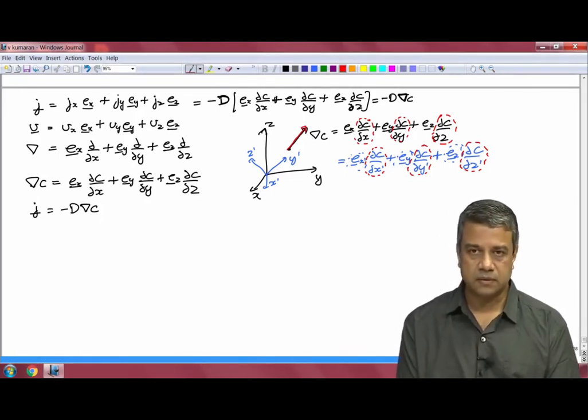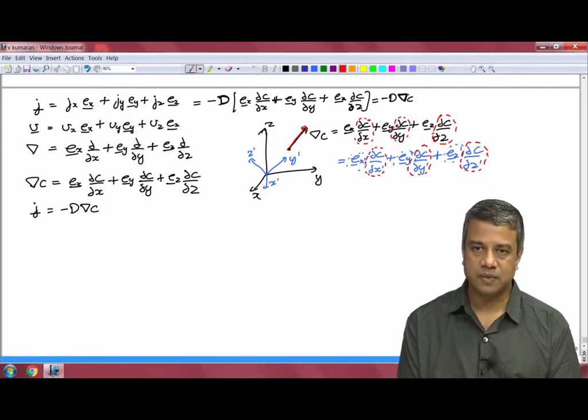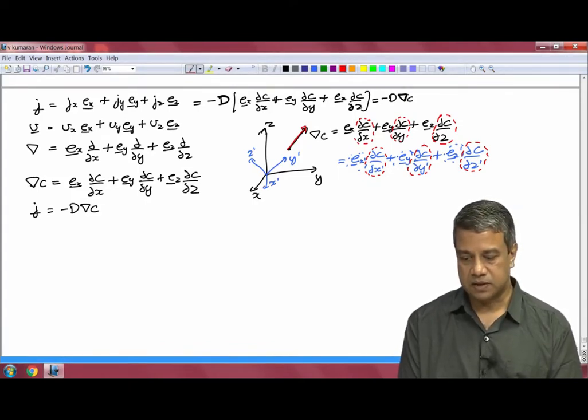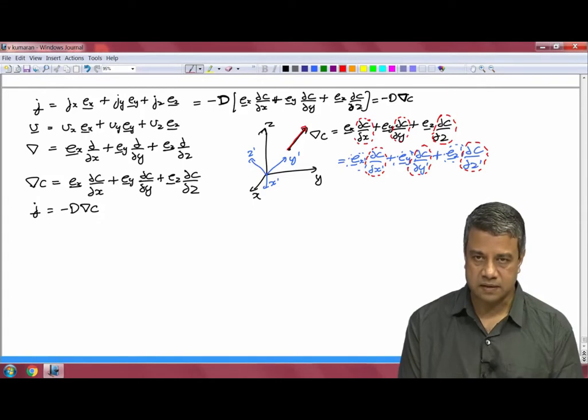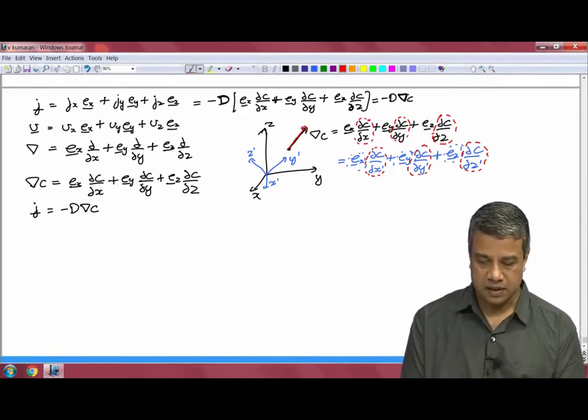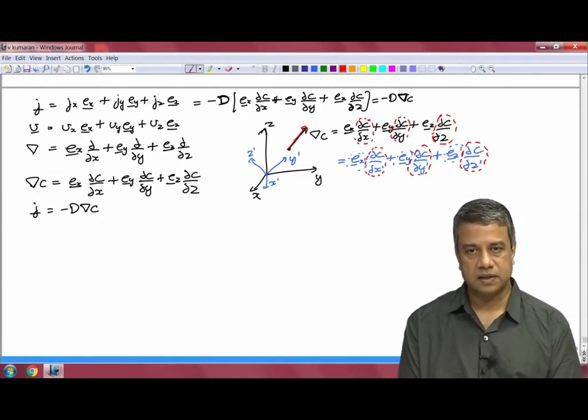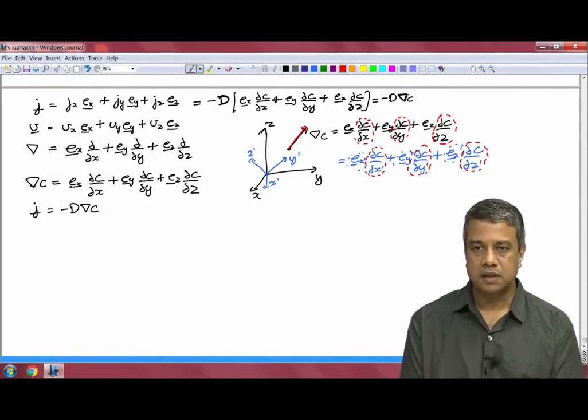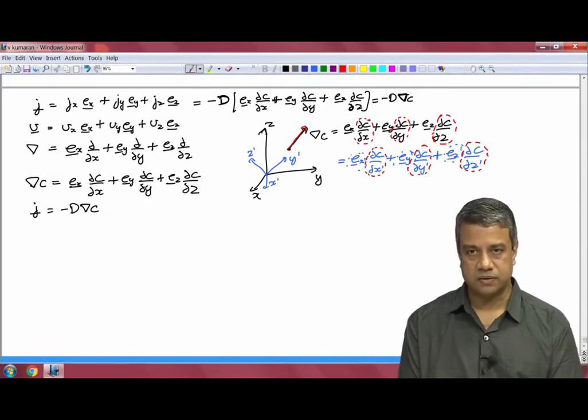The flux is a real quantity in space. The coordinate axes are chosen by the observer in order to analyze the flux. So, the choice of the coordinate system does not change the flux. And similarly, the choice of the coordinate system does not change the gradient either.